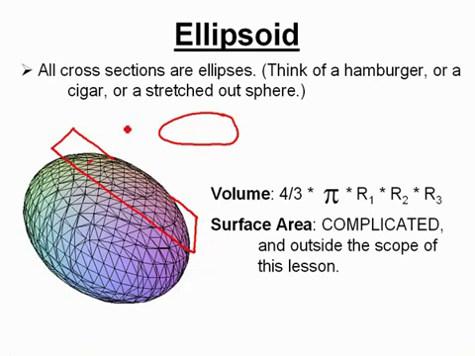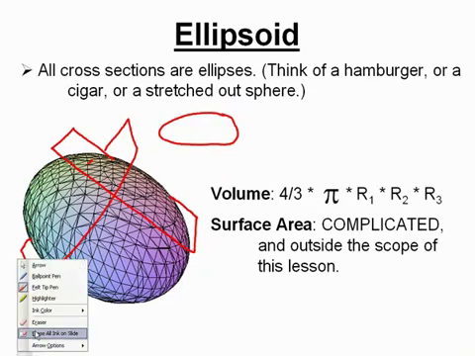And if I cut it, say, like this, the cross-section would also have an ellipse shape. No matter how I cut it, I'd always get an ellipse as the cross-section.